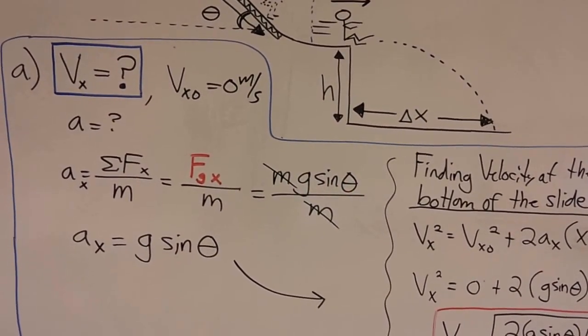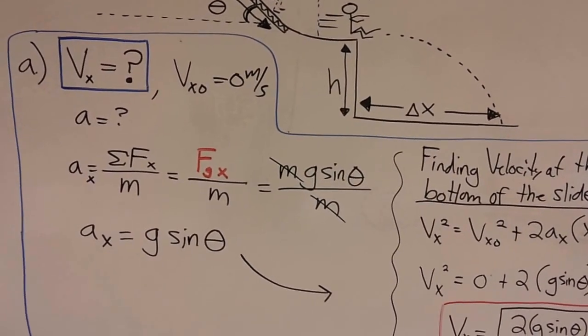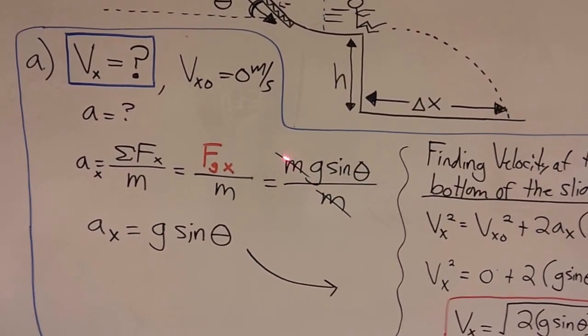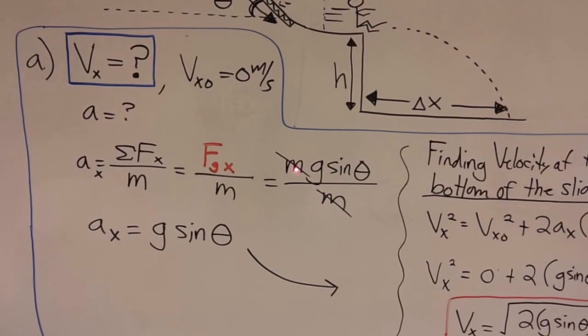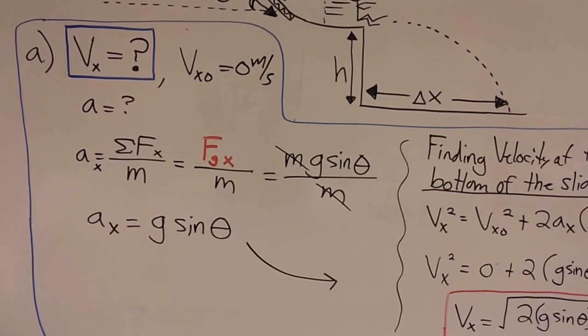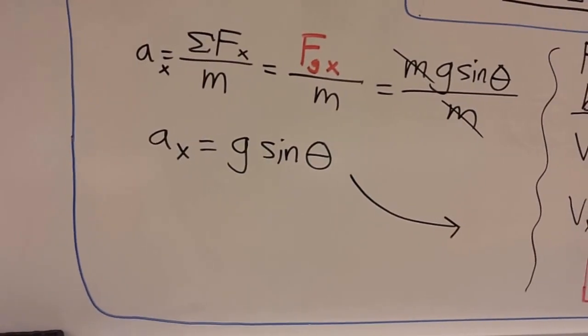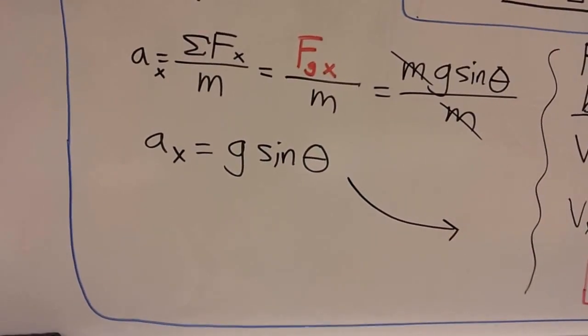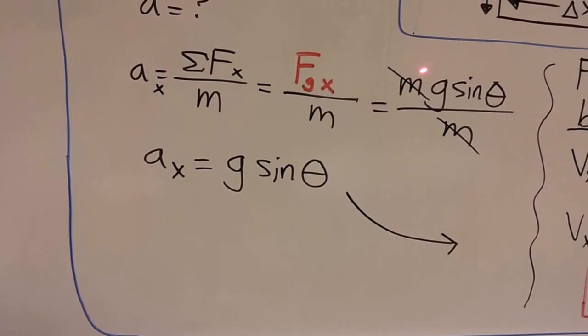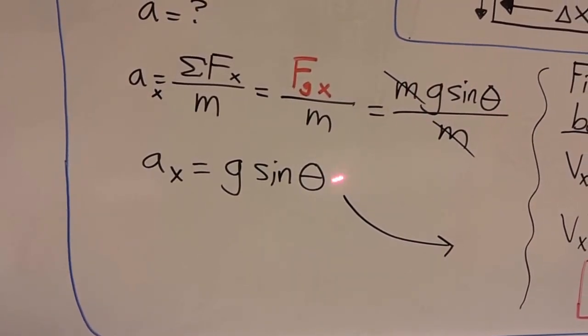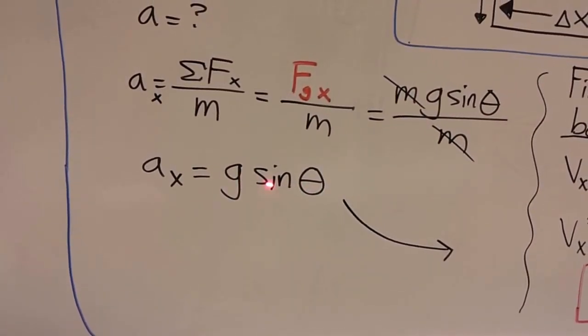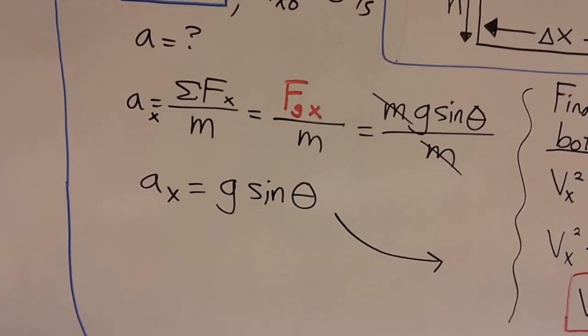Well, for solving for the acceleration, we take that divided by m, and we see that it doesn't matter what the mass of the kid is, since we have m divided by m, that cancels out. And so the acceleration of the kid on the slide, or the acceleration of anybody, regardless of mass, will just be g times the sine of theta.